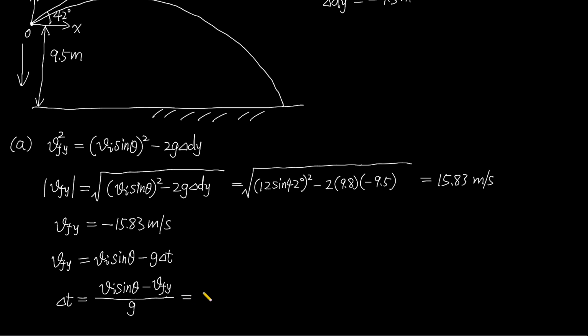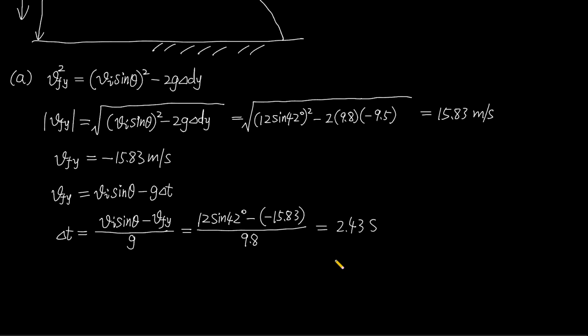So initial velocity 12 multiplied by sin 42 degrees, minus negative 15.83 meters per second, the bottom is 9.8, and this equals 2.43 seconds. So the flying time is 2.43 seconds.